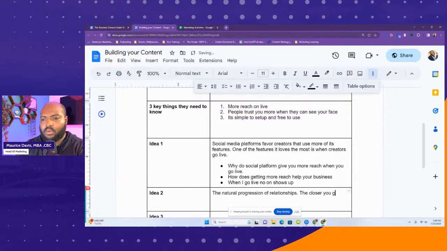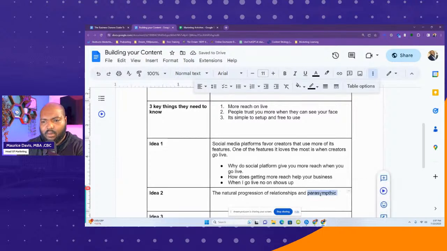The closer you get to... natural progression of relationships means that if you know what natural progression of relationships is... I can't spell parasympathetic.